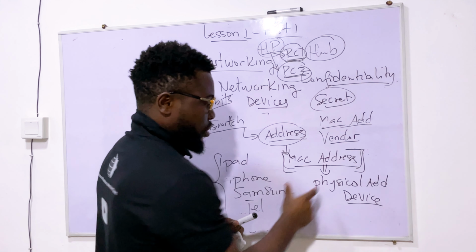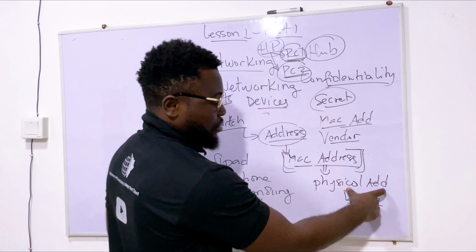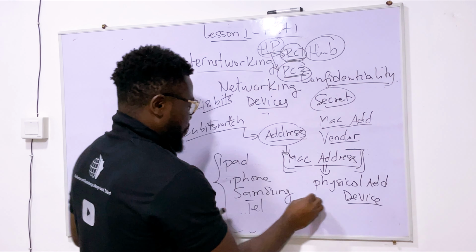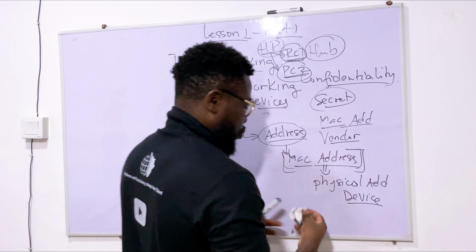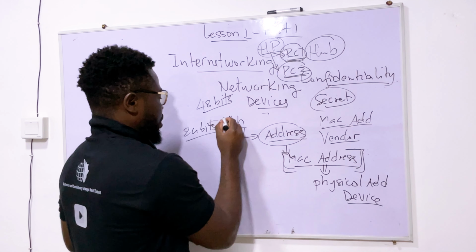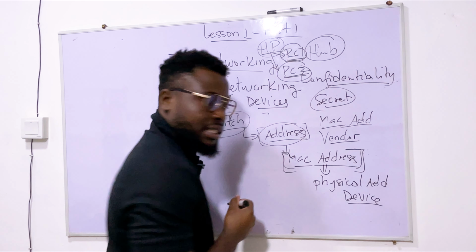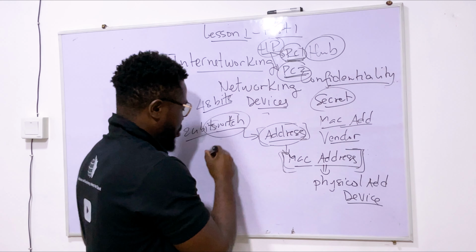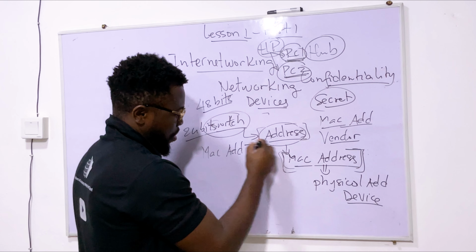So coming back to what I was saying, the switch delivers the message based on the address, which is the MAC address. And I've explained what a MAC address is, which is a physical address of a device. And one thing you have to also understand is how the switch is able to manage the addresses, which are the MAC addresses, because of something we call the MAC address table.